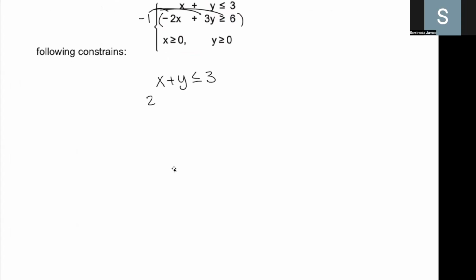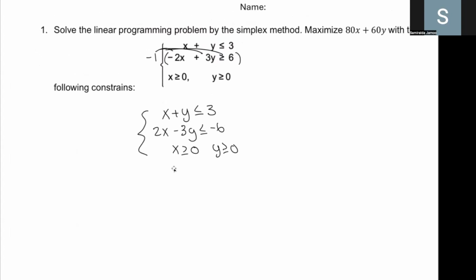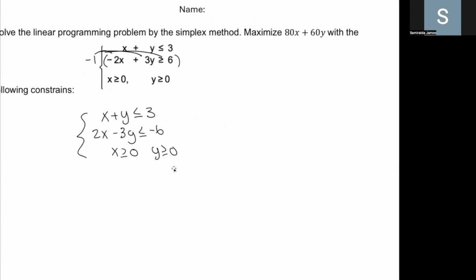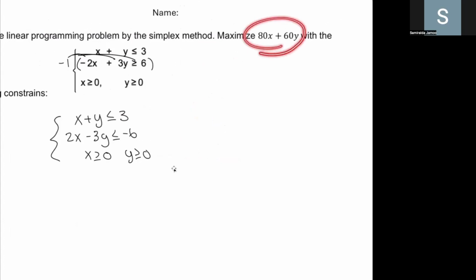Now we have positive 2x minus 3y less than or equal to -6. x greater than or equal to 0, y greater than or equal to 0. All right, now I have everything that is less than or equal to. My variables are greater than or equal to 0. And I am also asked to maximize an objective function. Everything's in standard form now.